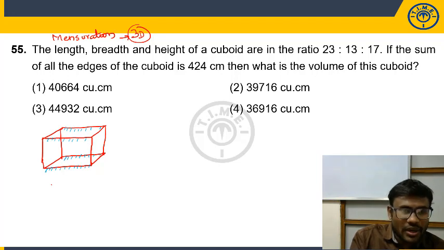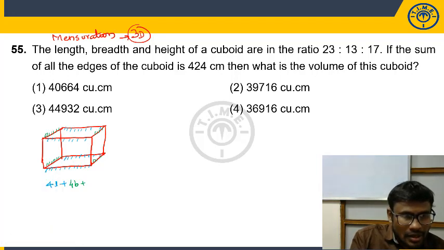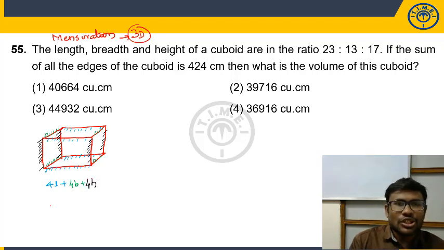So we are having 4 lengths, 4L. Then breadth: 1, 2, 3 and 4. So you are having 4 breadths. And height: 1, 2, 3 and 4. So obviously you are having 4 heights. So the sum of all the edges is 4L plus 4B plus 4H.